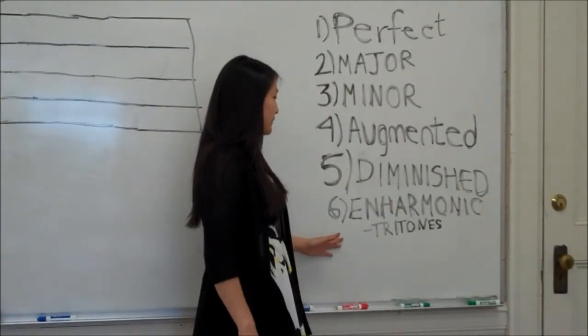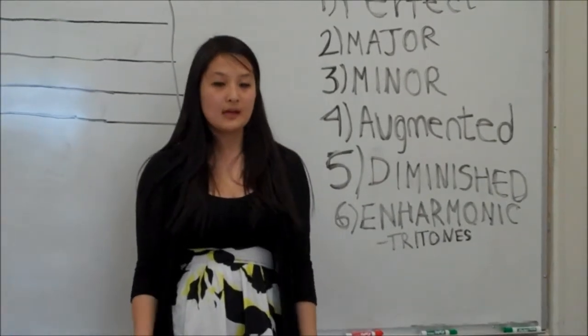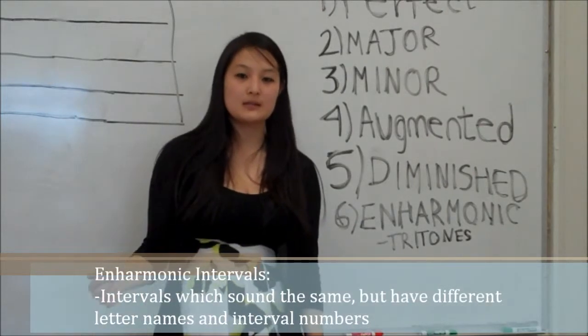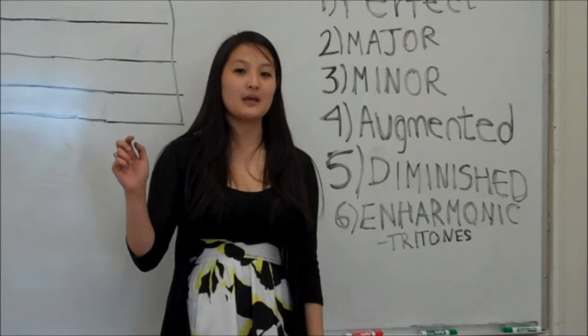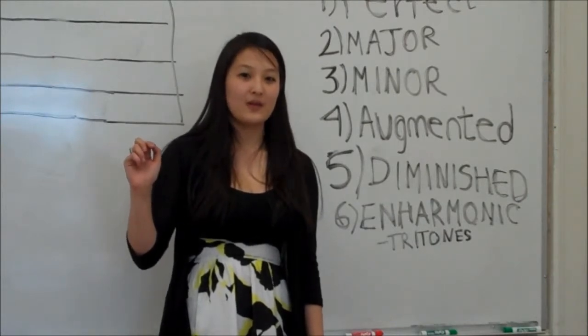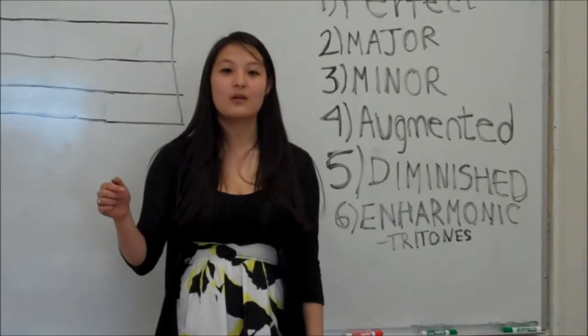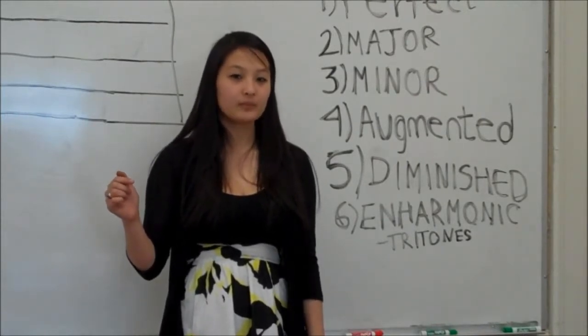So the next topic we talked about was enharmonic intervals. And these were intervals that sounded the same but had different names. So for example, if you had a C going to a G sharp, which would be an augmented fifth, and then next to it you had a B sharp going to an A flat, which would be a diminished seventh.